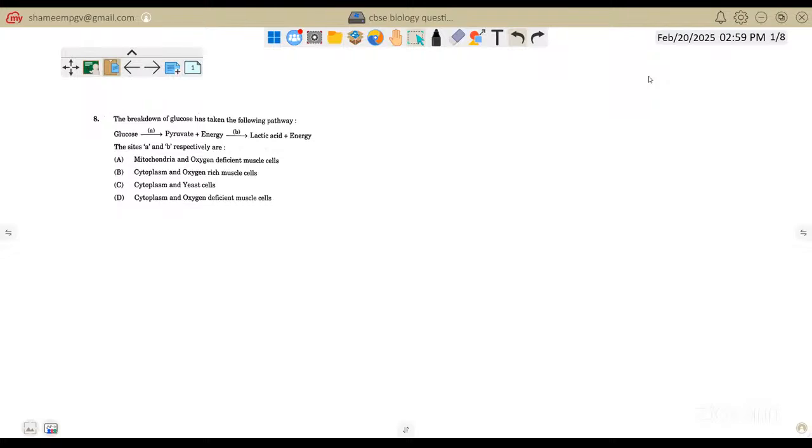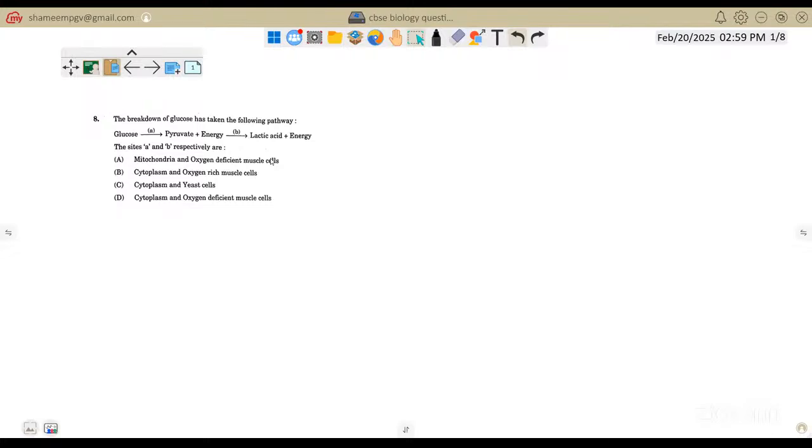Okay, we can discuss the questions from biology. First of all, the eighth question. The breakdown of glucose takes the following pathway. Glucose is converted into pyruvate plus energy.